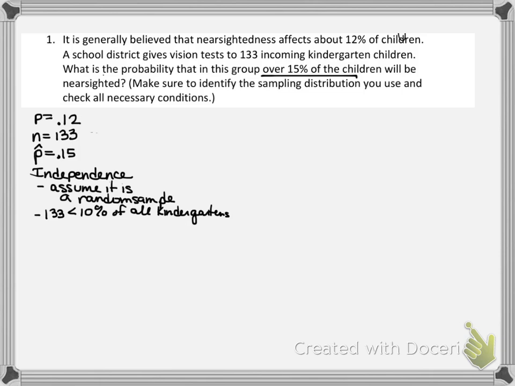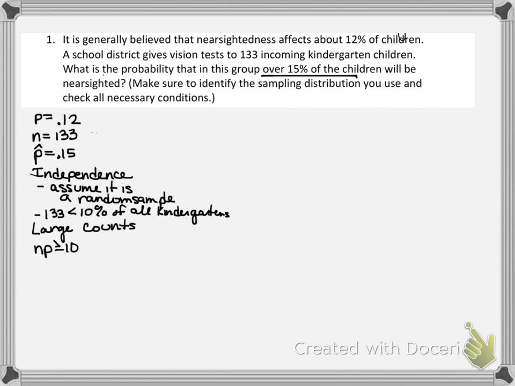And then for the normality, we have our large counts. Do we have a large enough sample? Remember, with our large counts, n times p has to be greater than or equal to 10.